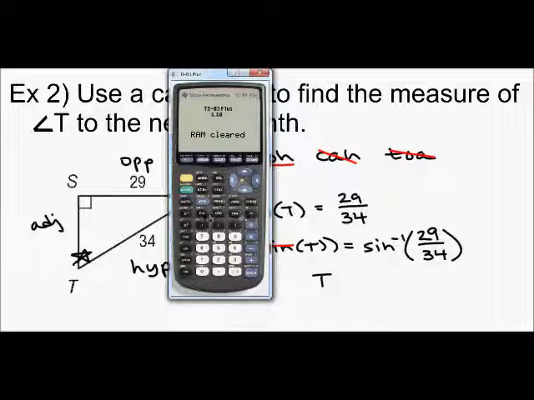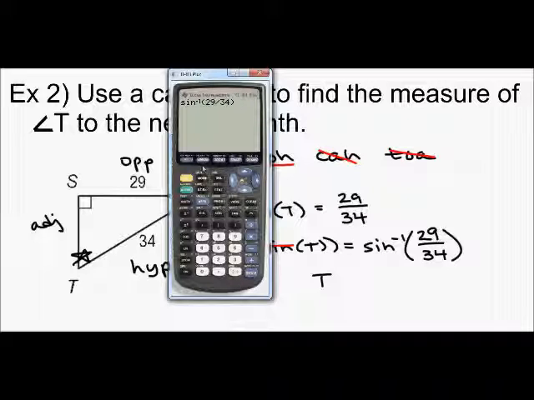You have sine, cosine, and tangent. So that's the 1, 2, 3, 4th row of buttons. And in yellow above them, there's arcsine, arccosine, and arctangent. What I'm going to use right now is arcsine, because that's what we have in our problem. I'm going to hit second to get the yellow. Sine gives me arcsine. You see it's sine to the -1, just like I've written. I'm going to plug in 29 divide by 34.